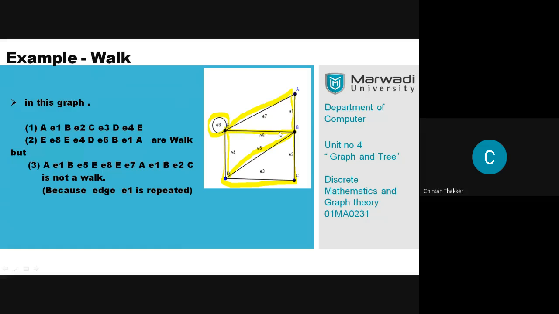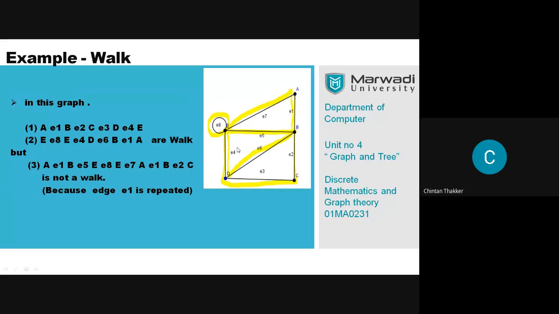At B, the incident edges are E5, E6, E2, so you have to take either E5, E6 or E2. Here E4 is not incident on B, so you cannot take E4 after B.